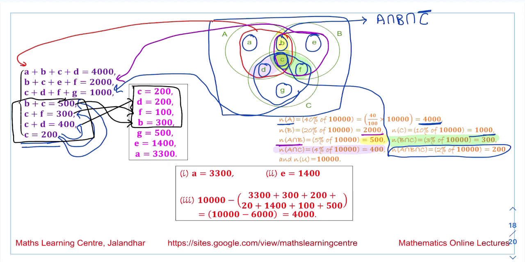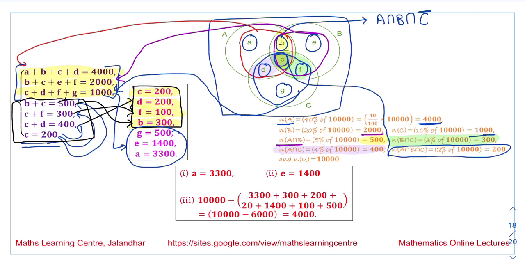Now when we substitute the values of C, D, F and G in these equations over here, we will obtain the rest of the values, that is G, E and A.